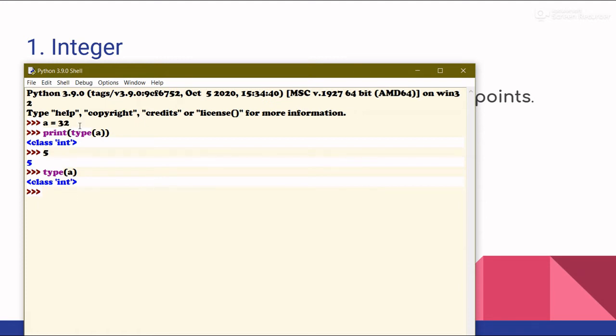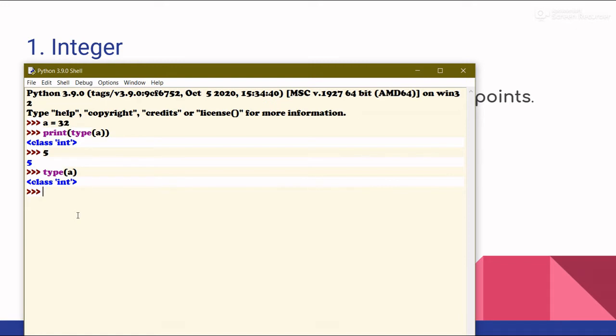So now we have a is equal to 32 and it's an integer, right? As we already tested that. So now I am going to show you some amazing things, or some operations, that we can perform on integers.